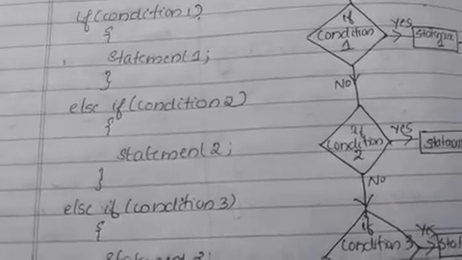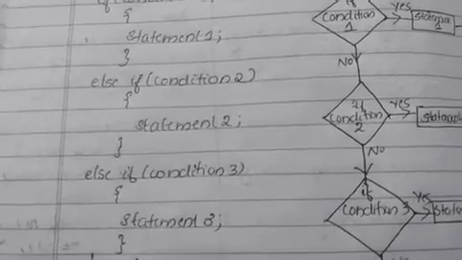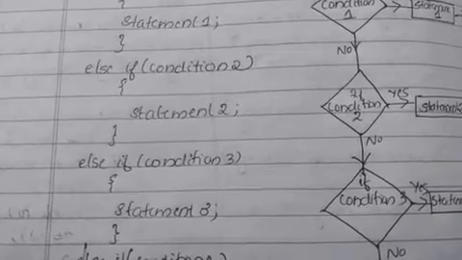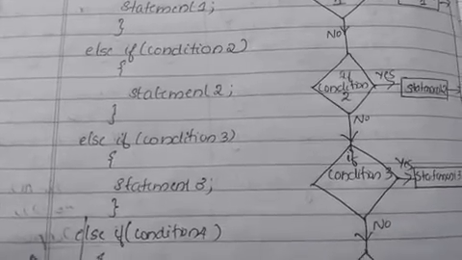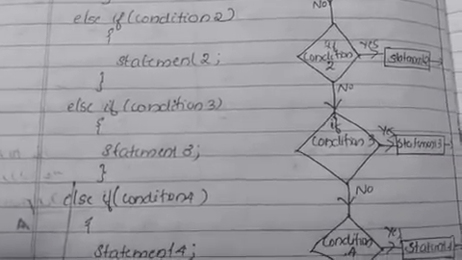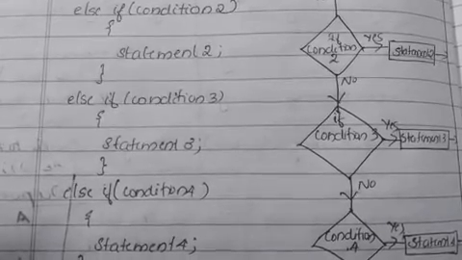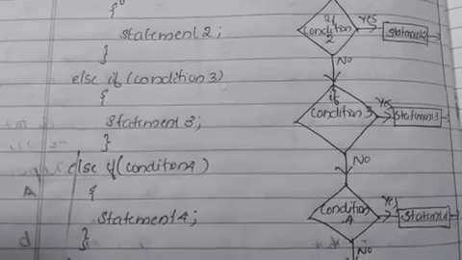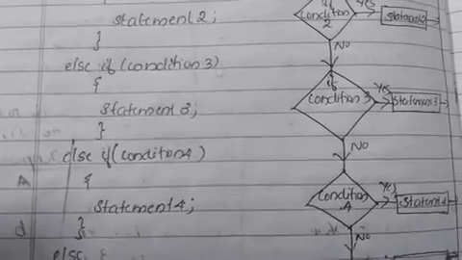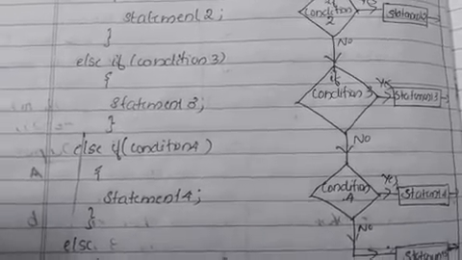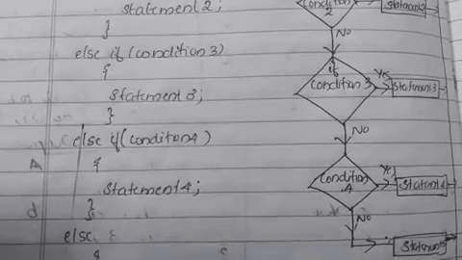If condition 3 is true, then we will execute the statement block in it. If condition 3 is false, then we will move on to the next condition, condition 4. If it is true, then the associated statements will be executed. If condition 4 is also false, then we will move on to the else part.